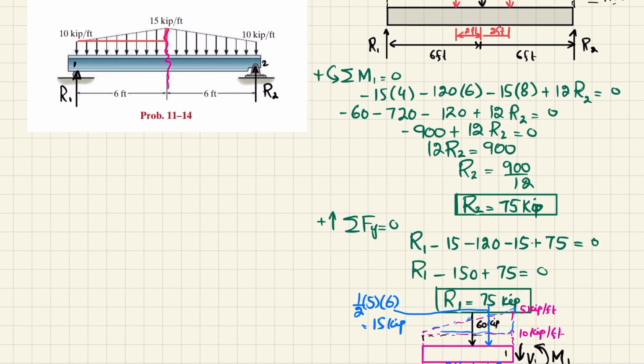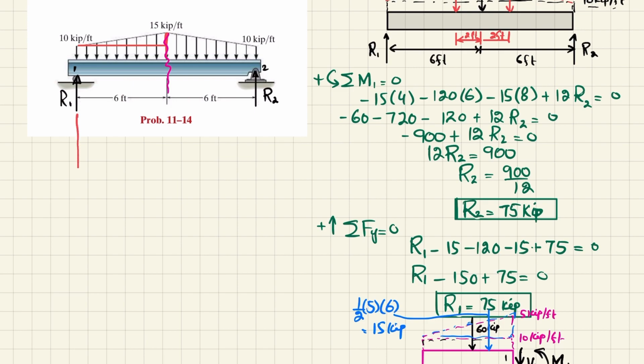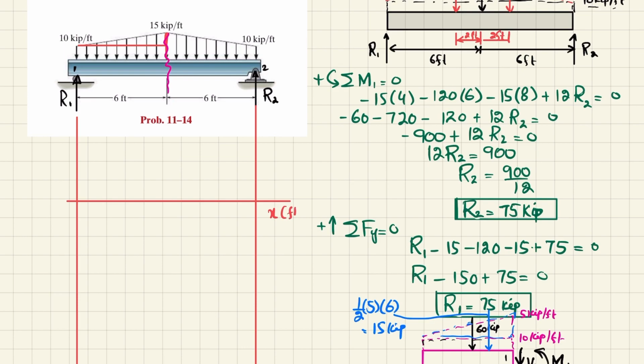Now you have this moment at the mid, so we will draw the shear force and bending moment diagram. For that I have to draw vertical lines from the end of the beam. We have taken half of the portion and we will use the advantage of symmetry to get the shear force and bending moment diagram. So here X in feet.